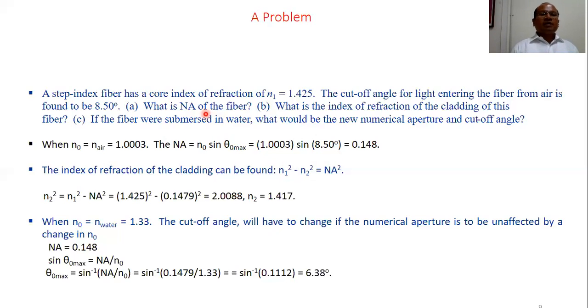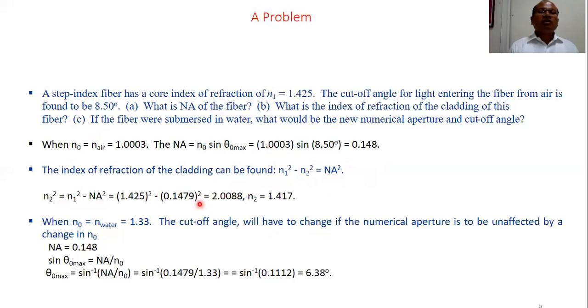Now, the index of refraction of the cladding can be found. How do we calculate it? What is the refractive index of cladding? We know that the numerical aperture we have calculated is 0.148. Now numerical aperture is equal to the square root of n1 square minus n2 square. We know the value of n1. Now n2 can easily be calculated as n2 square is equal to n1 square minus NA square.